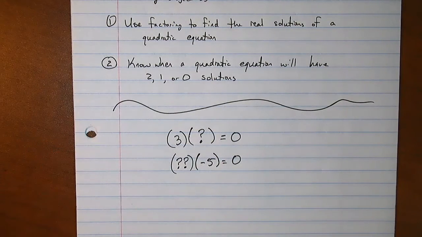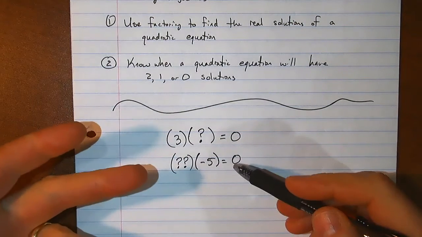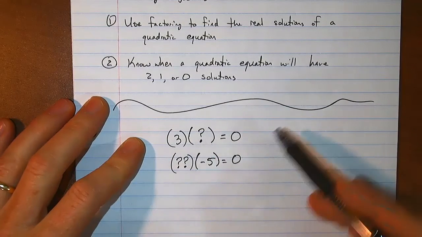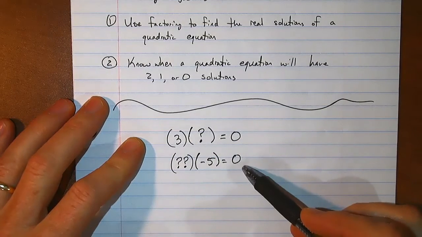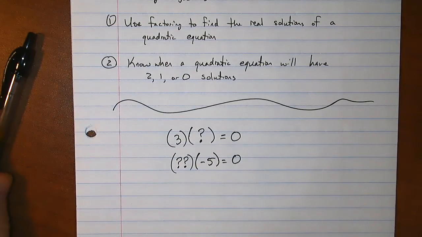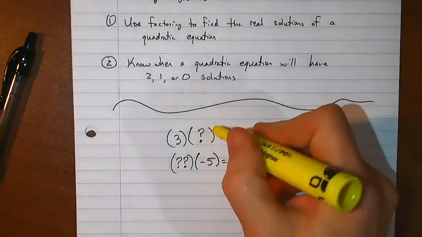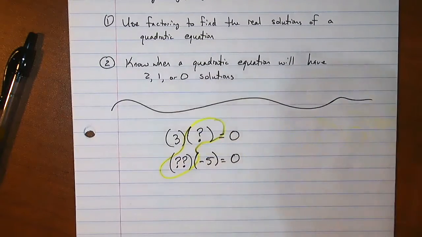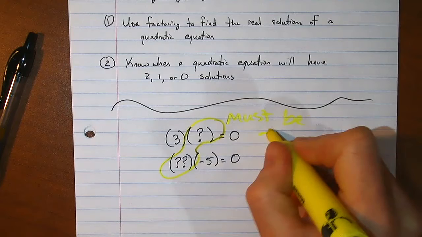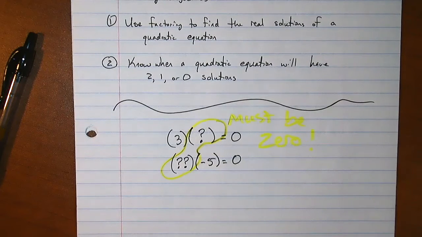And if you're thinking that, you're absolutely correct. Because we know in the land of real numbers with multiplication, the only way you can multiply 2 numbers together and have 0 be the answer is if one of those things is equal to 0. And that's the zero factor property. The property that says one of these things must be 0. That's the only way you can get 0 as an answer.